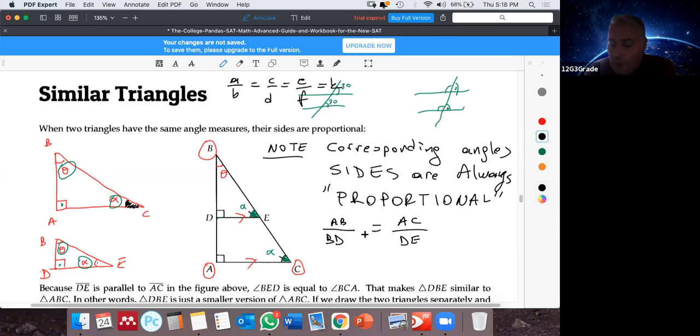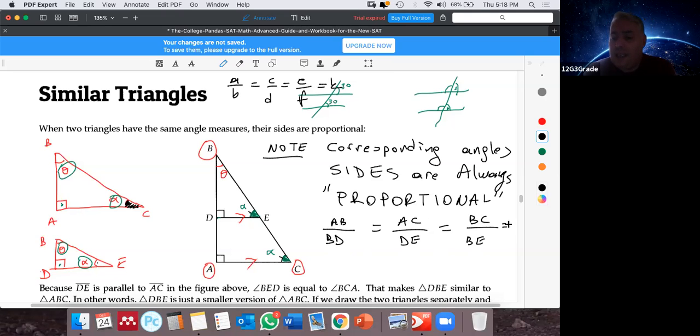So these are proportional. Their ratios are equal. Opposite of 90 degrees, BC, opposite of 90 degrees, BE. So this is one result, one number, another number, another number. They are all equal to each other.